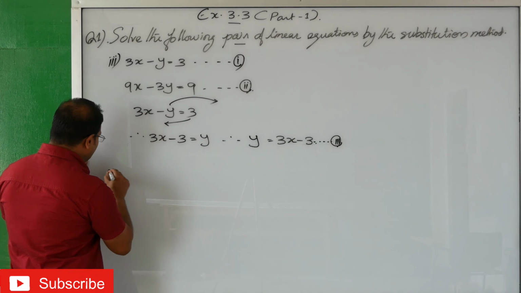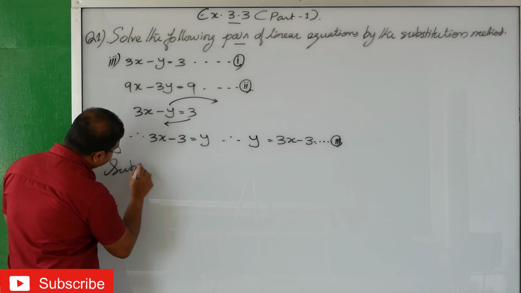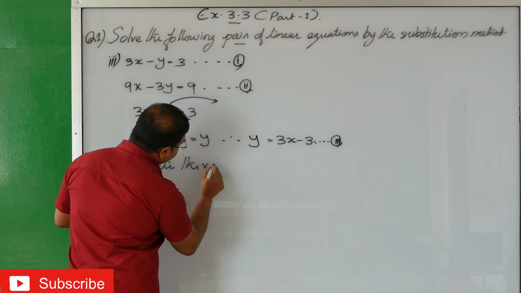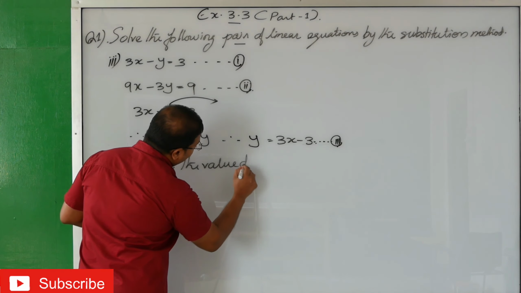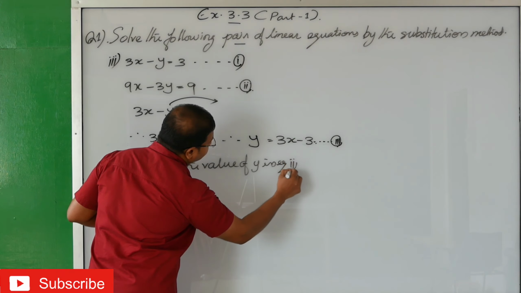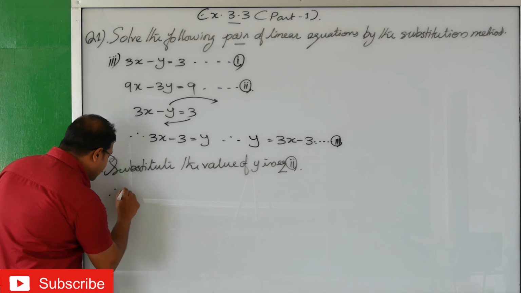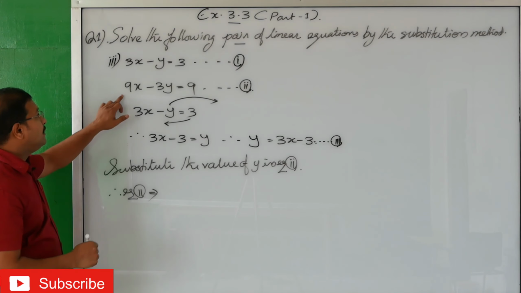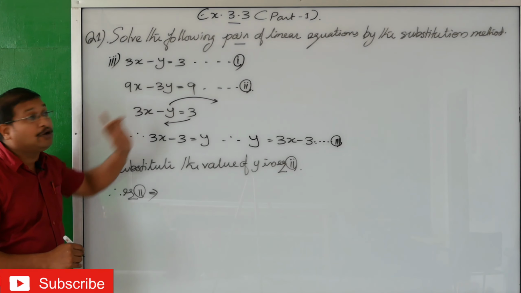Now what do you write? Substitute the value of y in equation 2. Therefore, equation 2 implies, what is the second equation? 9x minus 3y equals 9.